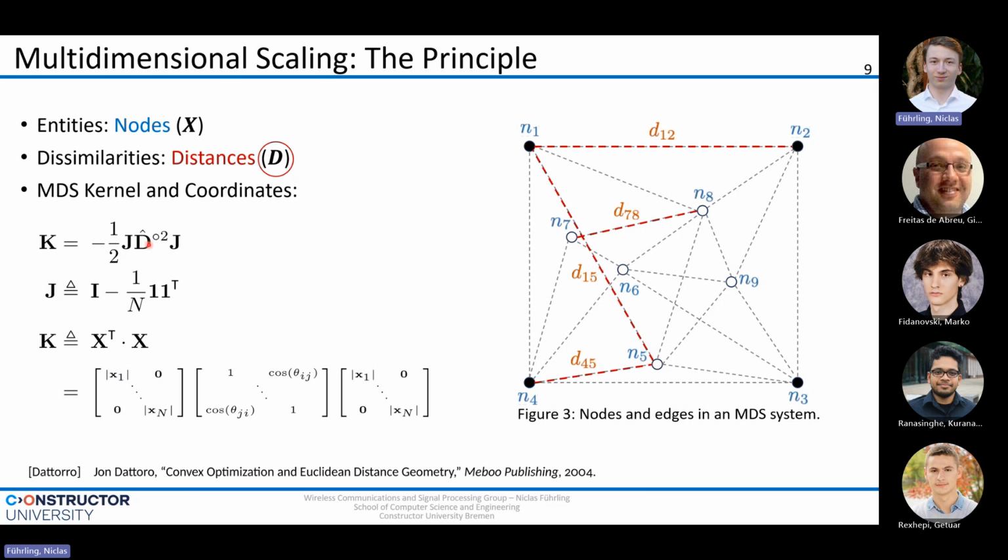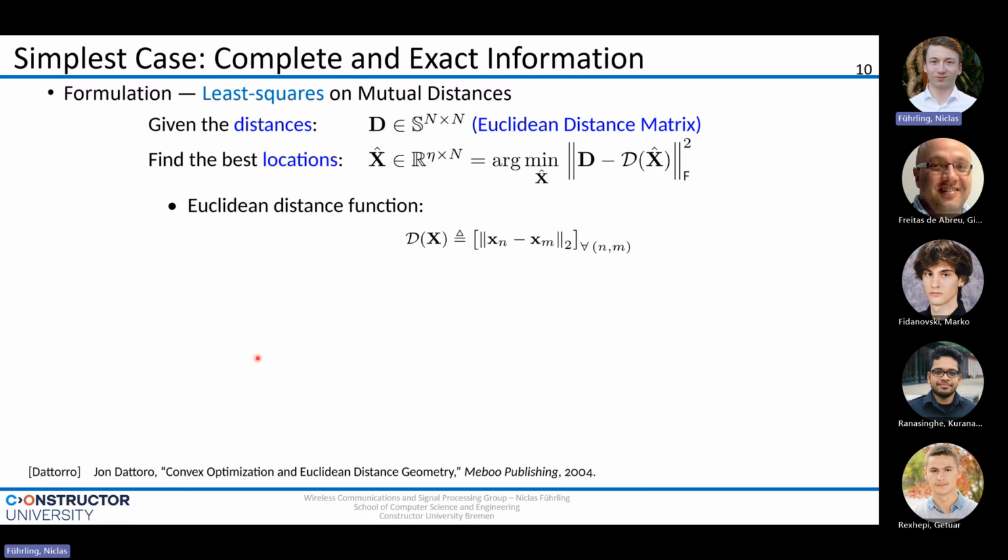And how this is done mathematically: here, this is double centered up to the rigid body transform. So how it can be solved via a simple least squares approach, let's say. Given the distances, so the Euclidean distance matrix, you want to find the best locations X that follow this minimization problem, where we have the measurements and then this Euclidean distance function.